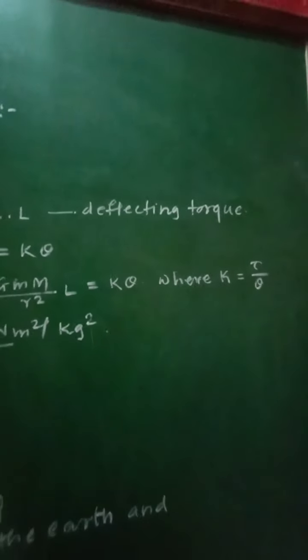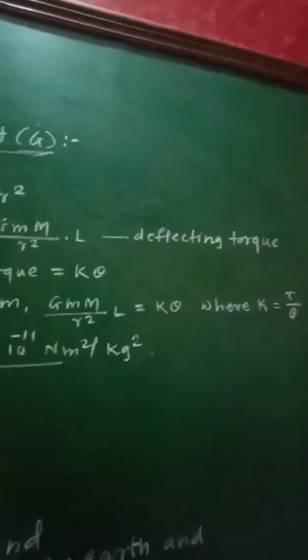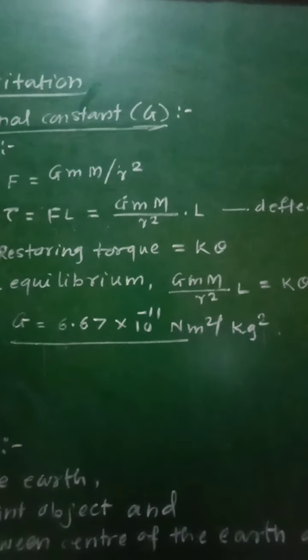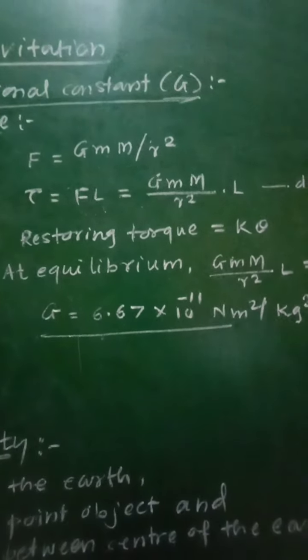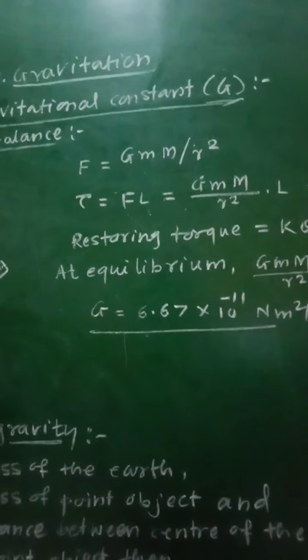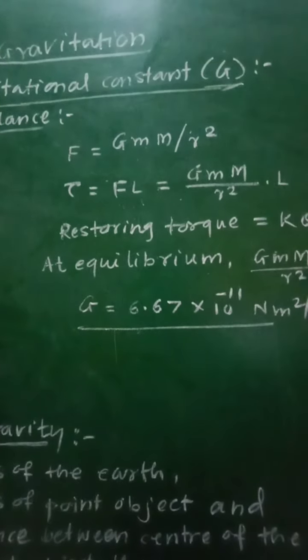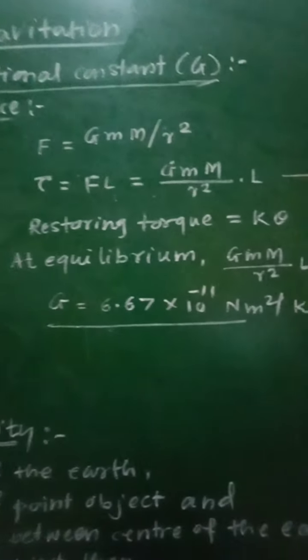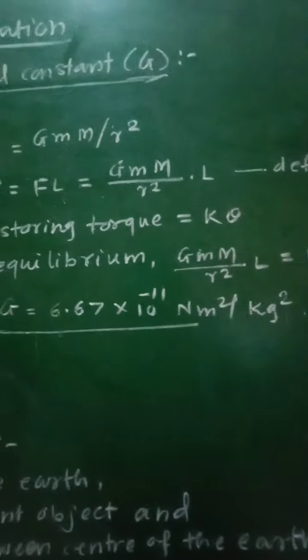Now, by applying a known torque and measuring the corresponding angle of twist, the restoring torque per unit twist can be determined as k is equal to torque upon theta.